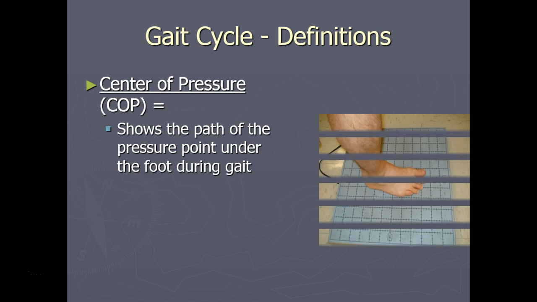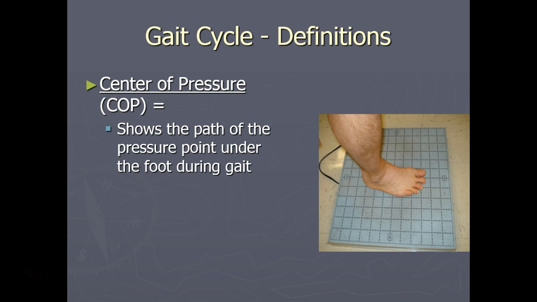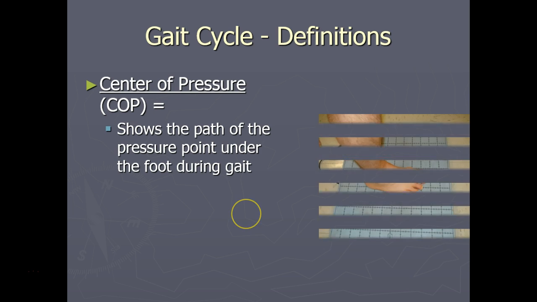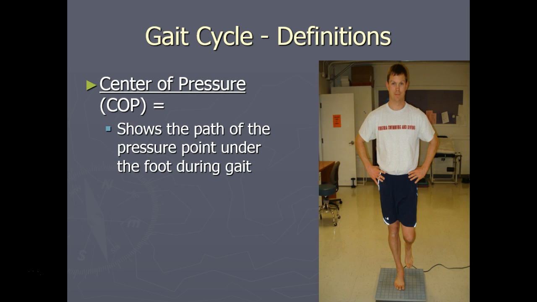Okay, center of pressure is important. Center of pressure kind of goes back to center of mass. What it does is it tells us the patient's ability to really control the center of mass. In other words, can they really keep that center of mass centralized? And when they can do that, what you see is that they have more control in their gait. They have less dysfunction in their gait.